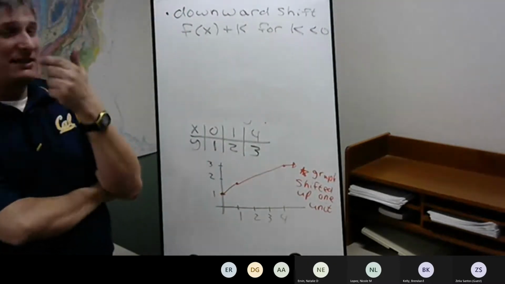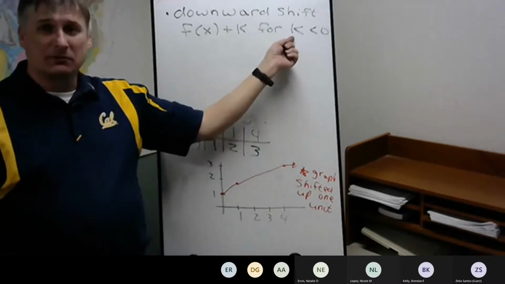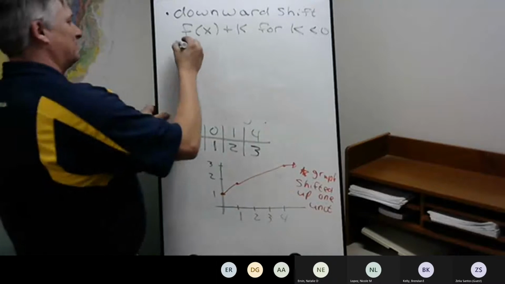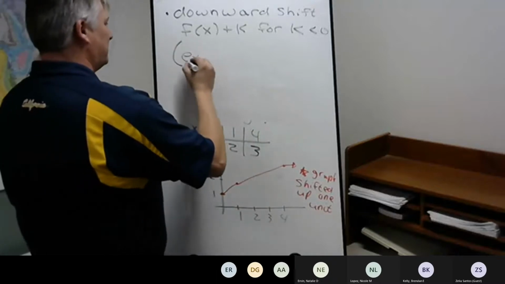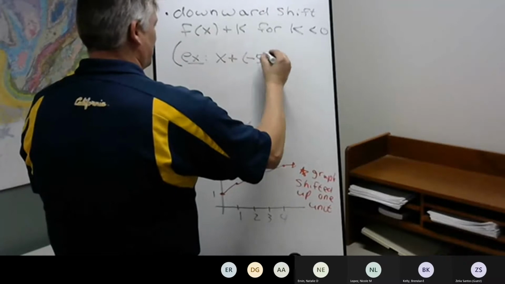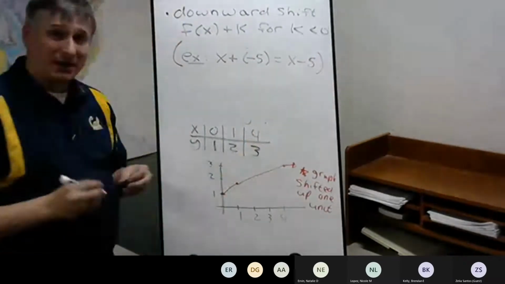So the idea is that if you're adding a negative, so k is a negative number, adding a negative is the same as subtracting. Just to drive that point home, is the same as x minus 5.